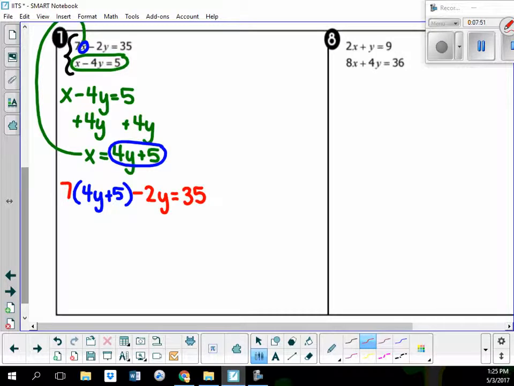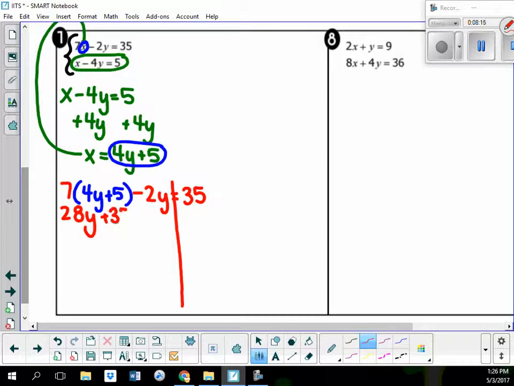All right, crew, what are we going to do first to solve this? You can just tell me. Distribute, you got it. Does somebody want to walk me through the distribution here? Rachel, do you want to go for it? Okay. 7 times 4y would be 28y, and then plus 35.